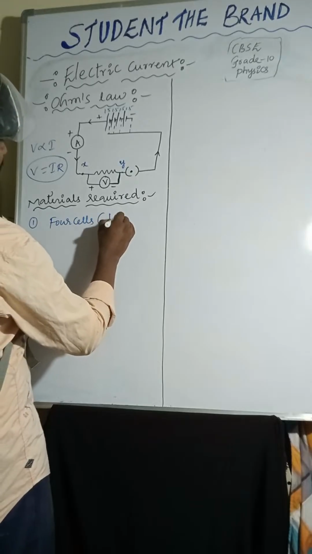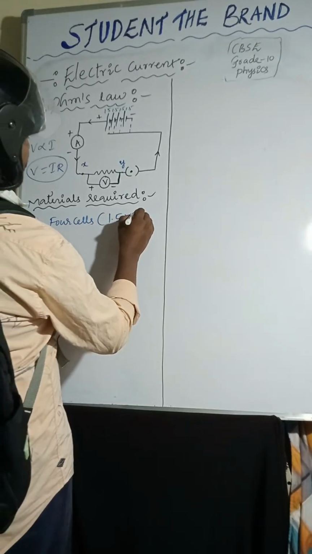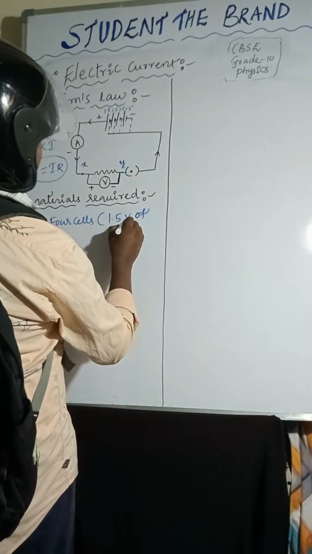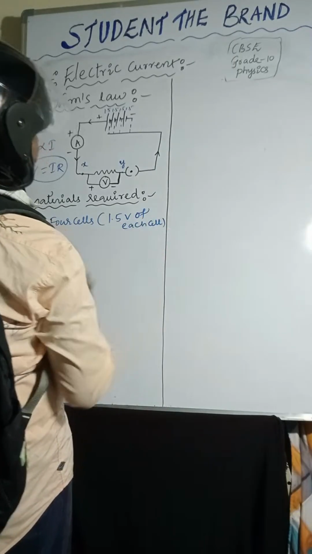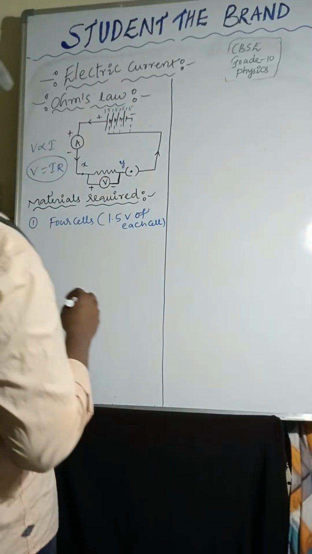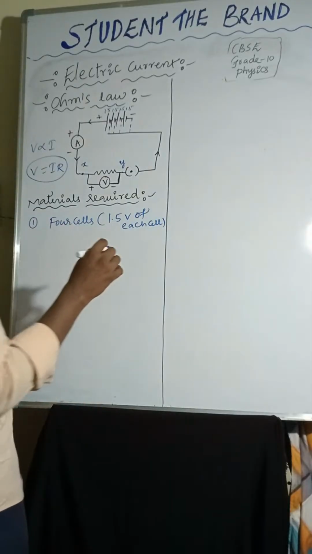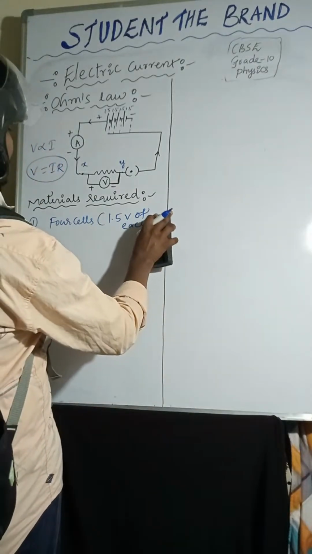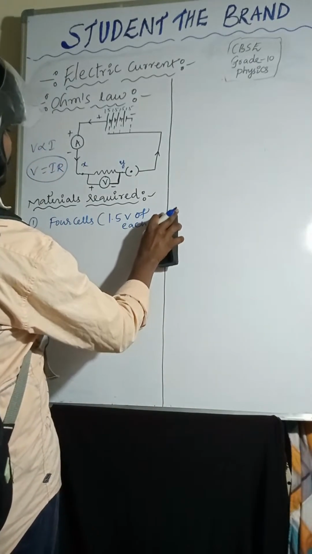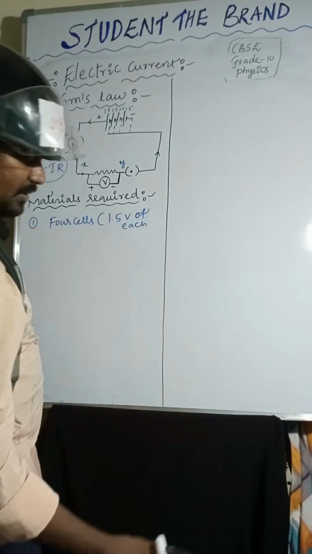Each cell is 1.5 volts. If you are taking it like this, it is 1.5 volts each.